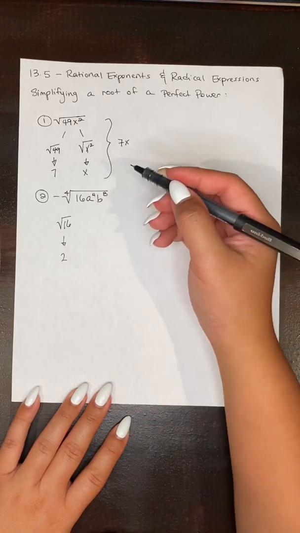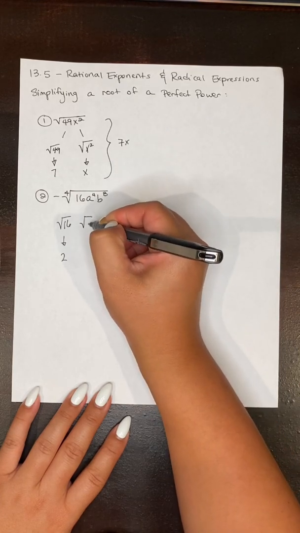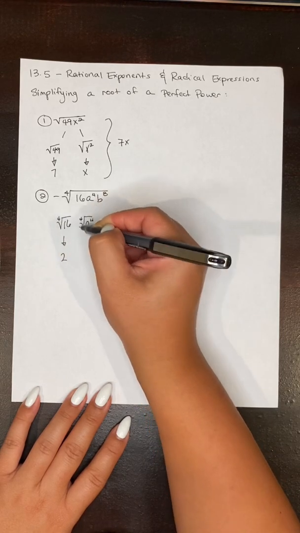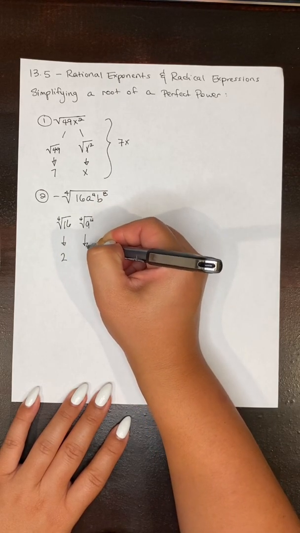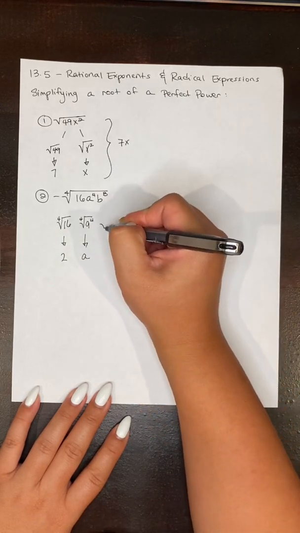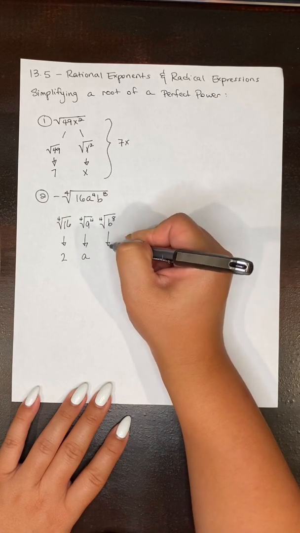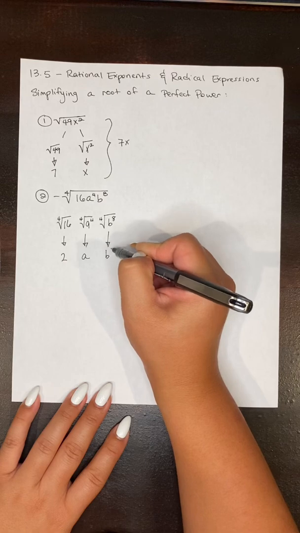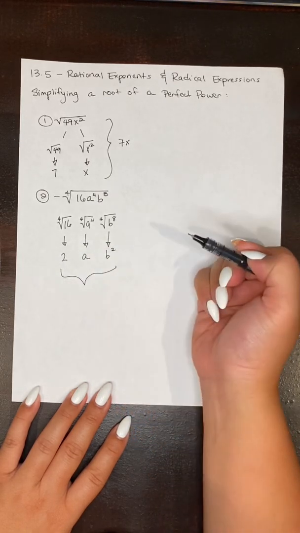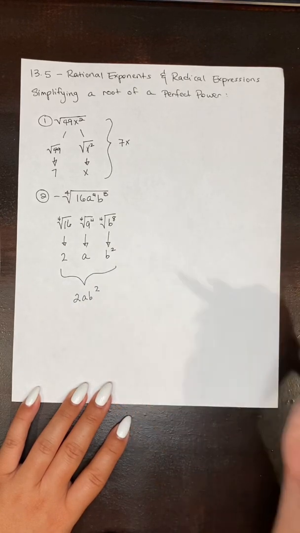Subsequently, using the quotient rule, the fourth root of a to the fourth is just a, and the fourth root of b to the eighth is b squared, with the final solution, 2ab squared.